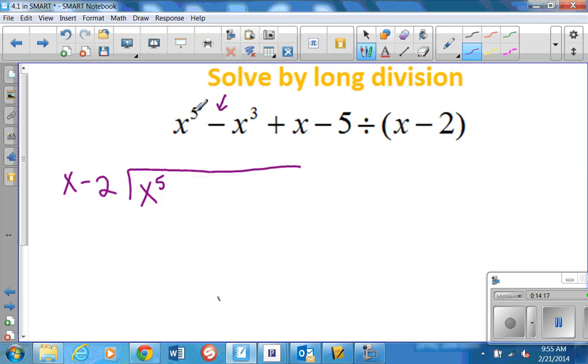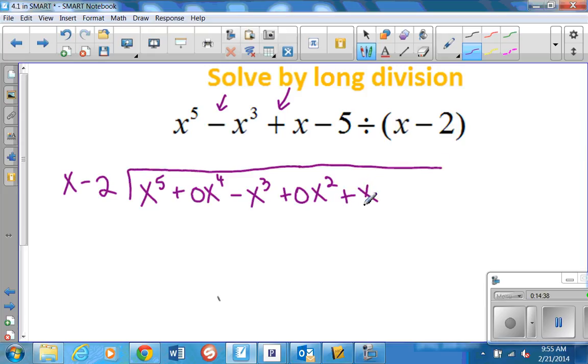I went from x to the 5th to x to the 3rd. So when I'm writing this out, I need to put in plus 0x to the 4th minus x cubed. Whoops, missing something else there. I need to put 0x squared in there. Plus x minus 5.